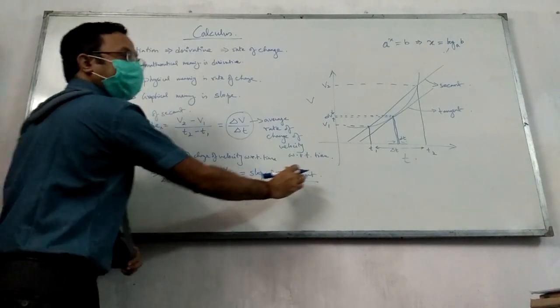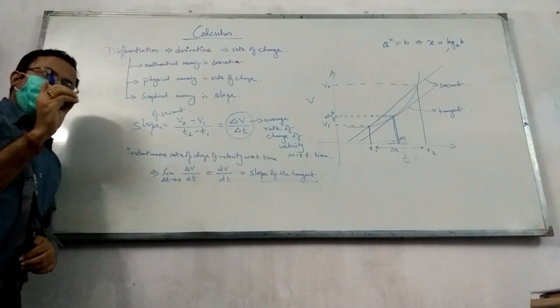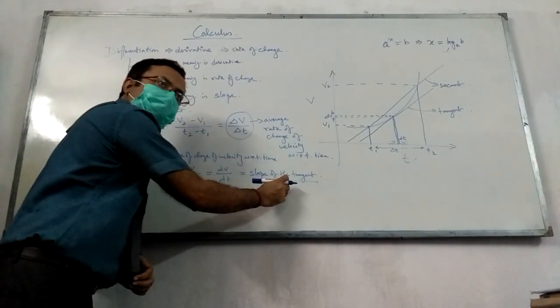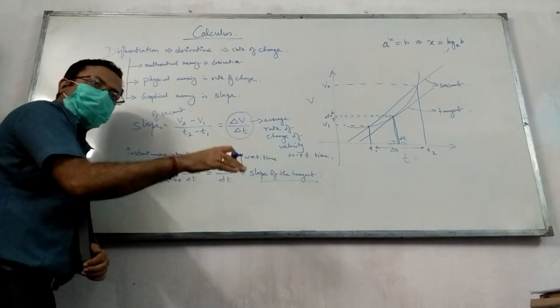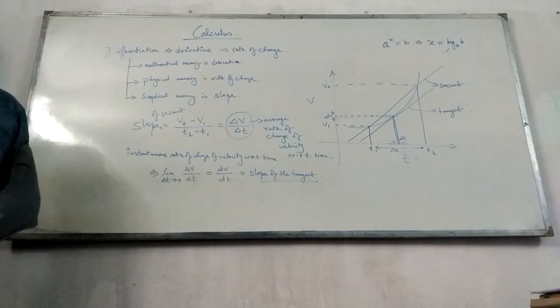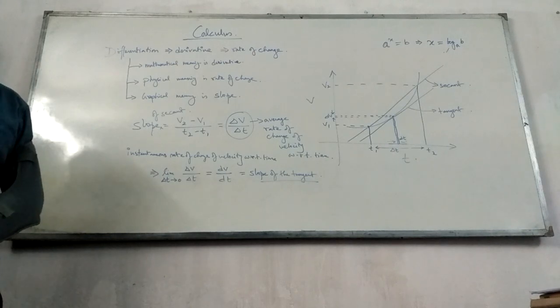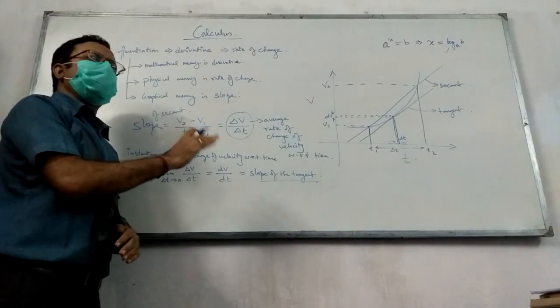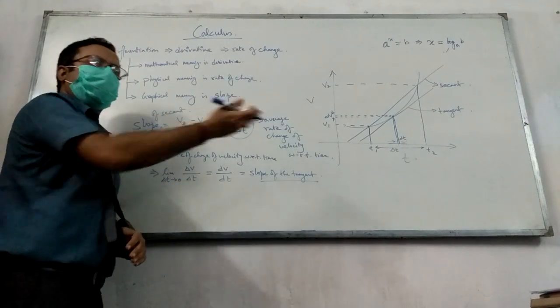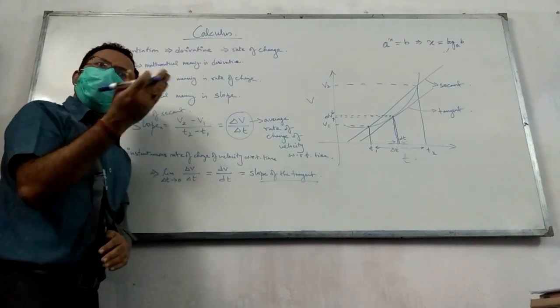And this is the slope of the tangent. So whenever they ask you the instantaneous velocity, you find out the slope of the tangent, and whenever they ask the average velocity, you find out the slope of the secant. In general, it need not always be a VT graph; it can be any other graph.